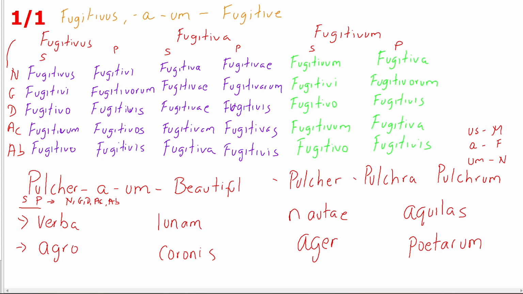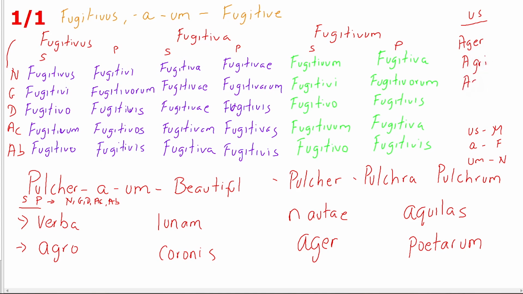Yes, because of the exceptions of the second declension masculine. We said it generally ends with us, but in some cases like ager, in the genitive singular it becomes agri.